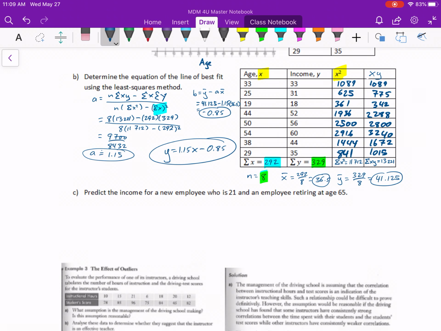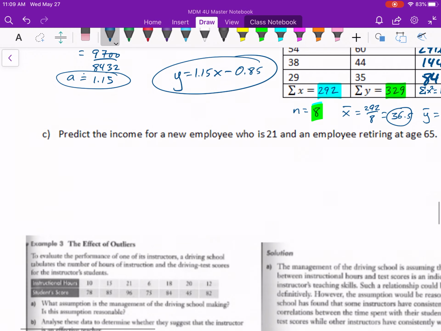Predict the income for a new employee who is 21 and an employee who's retiring at age 65. All right, so for this guy or girl, we have y equals 1.15 times 21 minus 0.85. And it's easy to use now that we've got it.